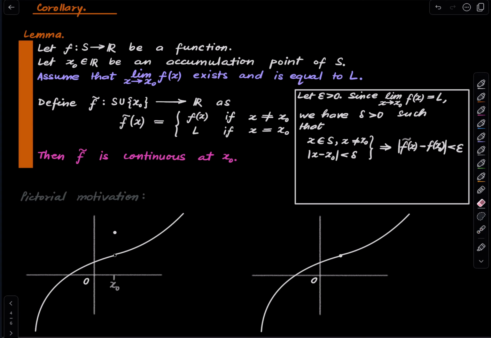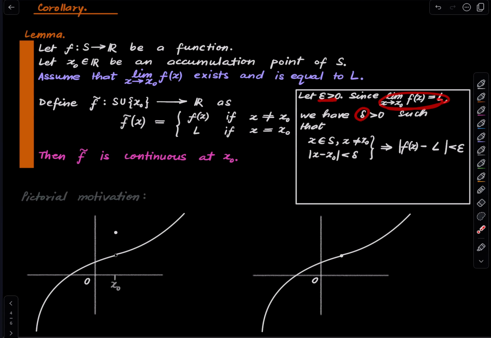Sorry, what have I written? This is L. Sorry. This is L. Since this limit is equal to L, given an epsilon, we have a delta such that this implication happens immediately from the definition of limit, or the epsilon delta way of looking at limits.